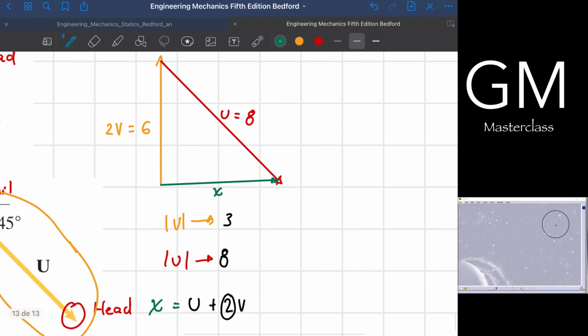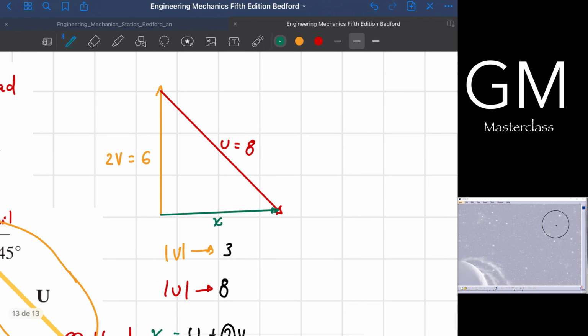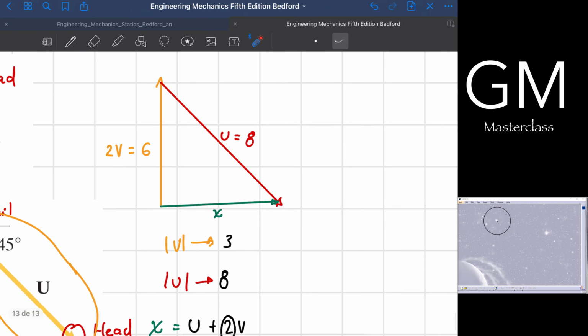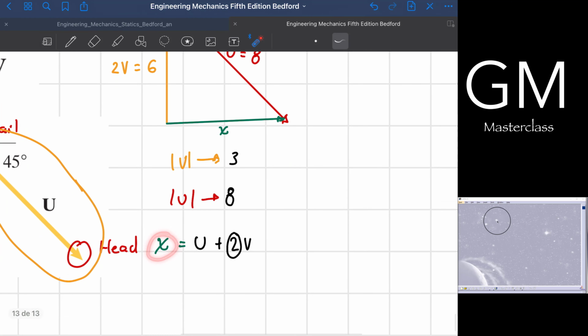Now we're going to use CATIA V5 to solve this and to measure this length, which is the magnitude of the vector x. Right?